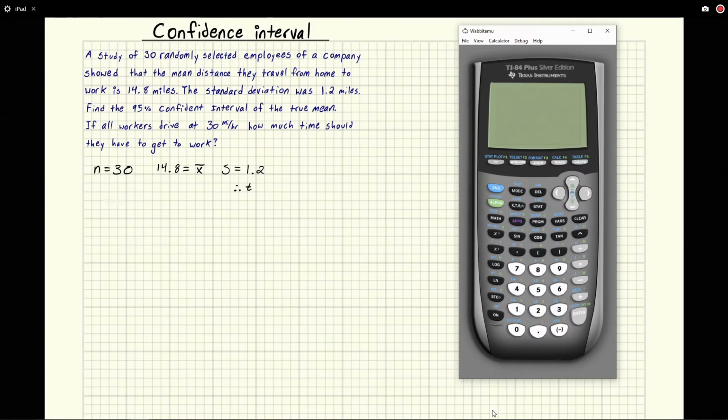We're making another assumption here that's not stated directly in the problem, but we're assuming that the data is normally distributed. I'm not going to go into too much depth of what that implies, maybe in another video. But basically, if we draw a normal curve, it plays by the rules of a normal distribution. This should look symmetric. Sorry, mine always look asymmetric because I'm not that great at drawing normal distributions.